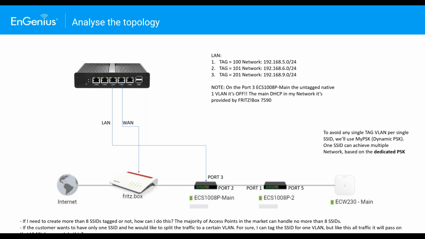Basically, I have my main network with the DHCP server on, and this network is provided from my Fritzbox 7590.